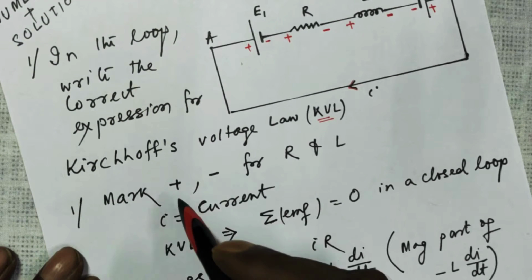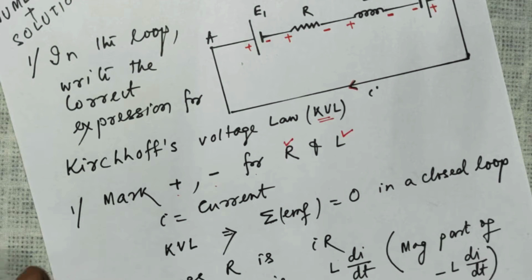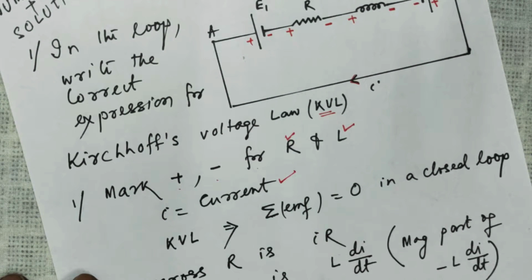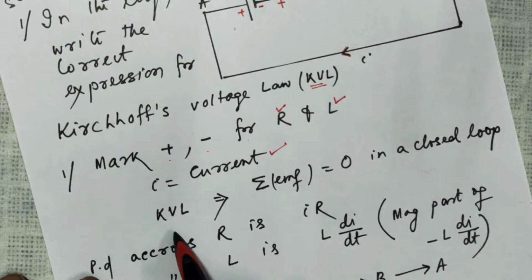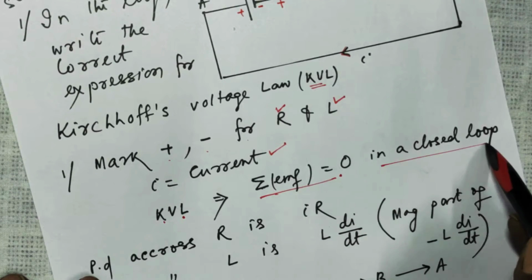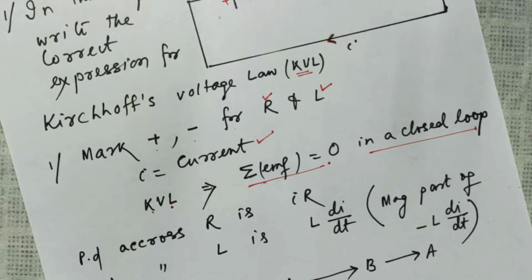Right, now it is simple. Mark positive and negative for the resistor and the inductor: the side from which the current is entering the element is positive, and the side from which it is leaving the element, either R or L, is negative. I is your current. KVL, Kirchhoff's voltage law: in a closed loop, the sum of the EMFs is 0. That is what we studied in current electricity.